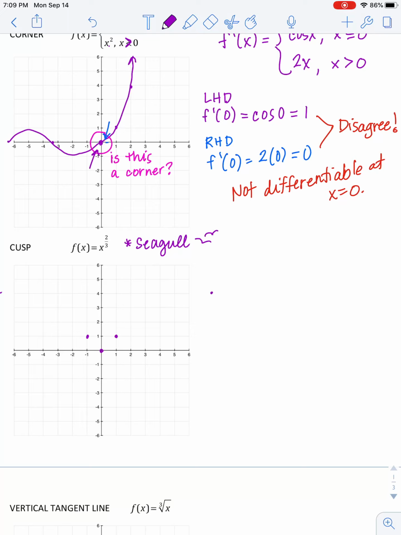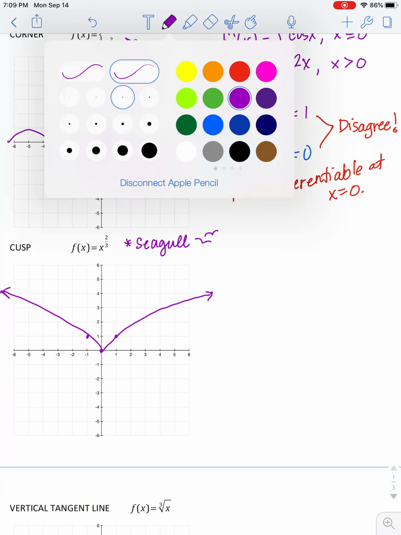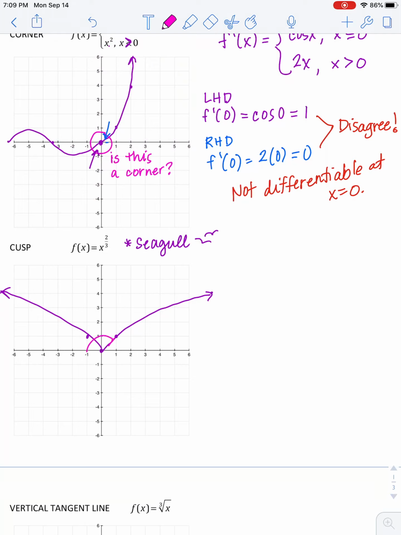We go off the grid a little bit, but this is what this function looks like. It looks like a big fat seagull, and the cusp we are looking at is right here at the origin again.